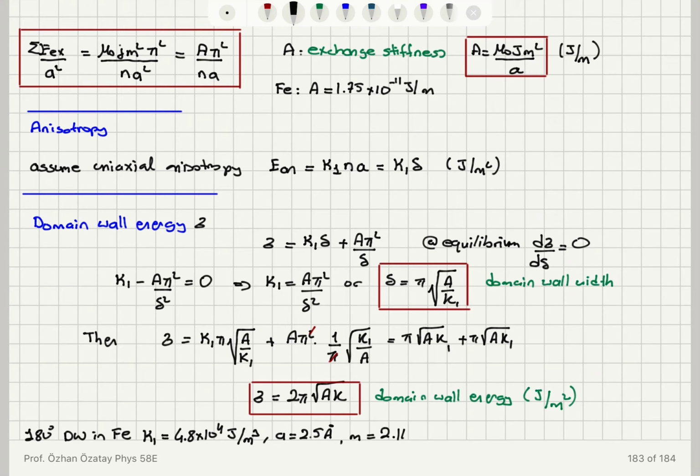The magnetic moment per atom is about 2.14 Bohr magnetons. The exchange energy is 1.9 times 10 to the minus 21 joules, and we obtain a domain wall width of 395 angstroms, which is roughly 160 lattice parameters.